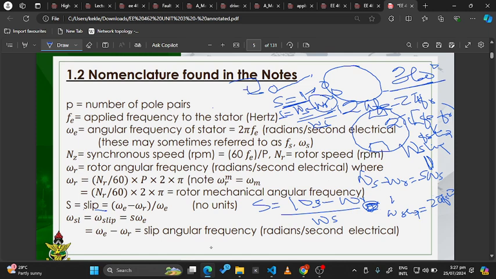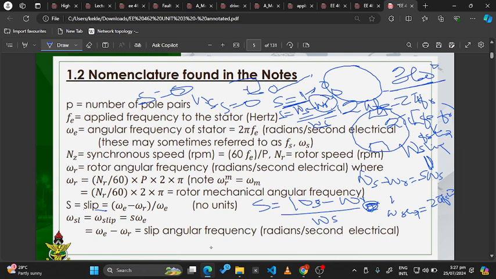And if the rotor is able to accelerate to a speed equal to the synchronous speed, then your slip becomes 0. So in synchronous machines, the slip is equal to 0 because the rotor rotates at the same speed as the rotating flux.